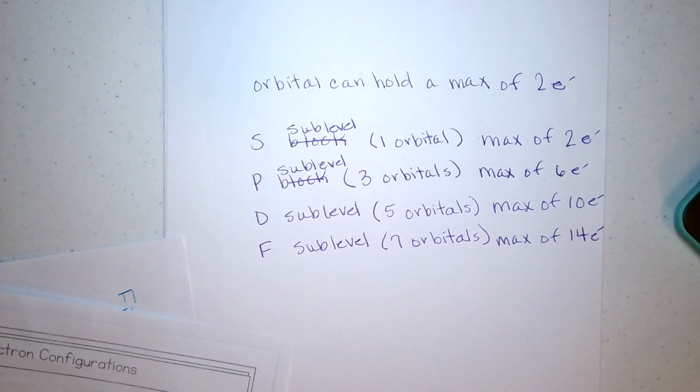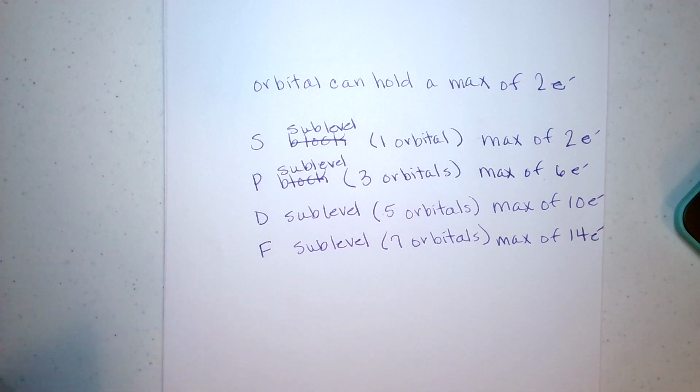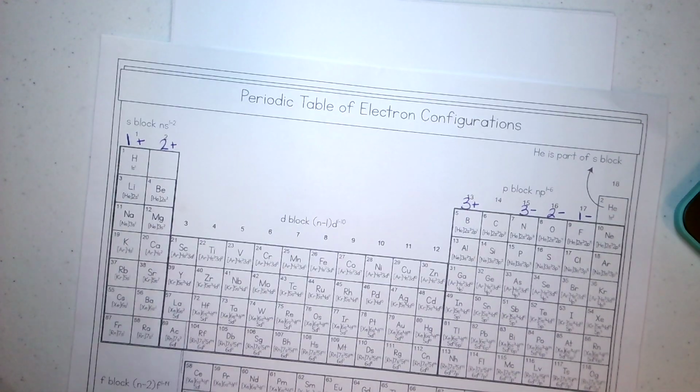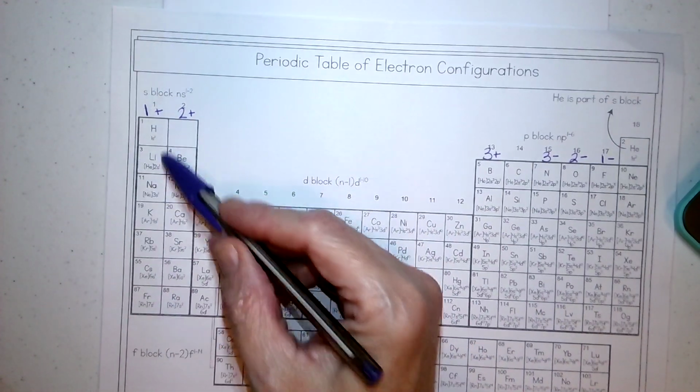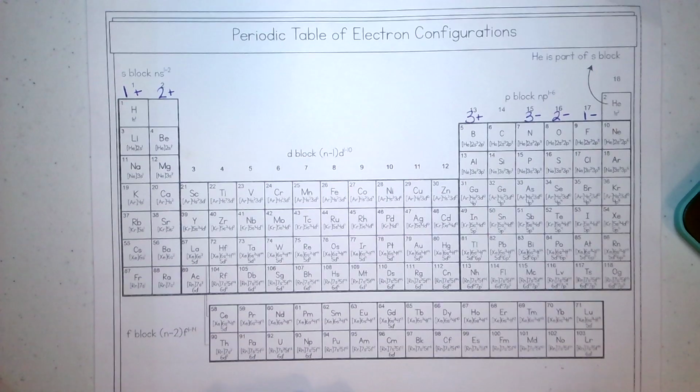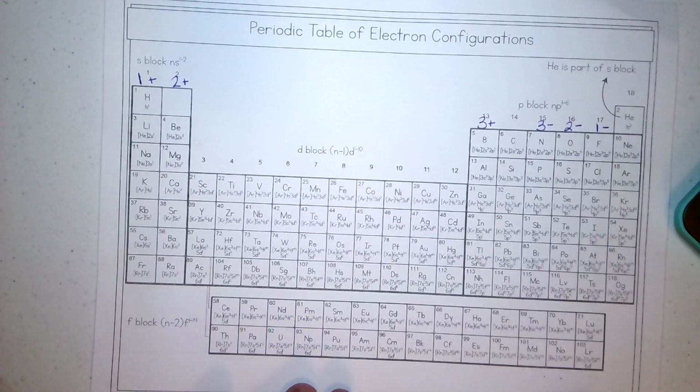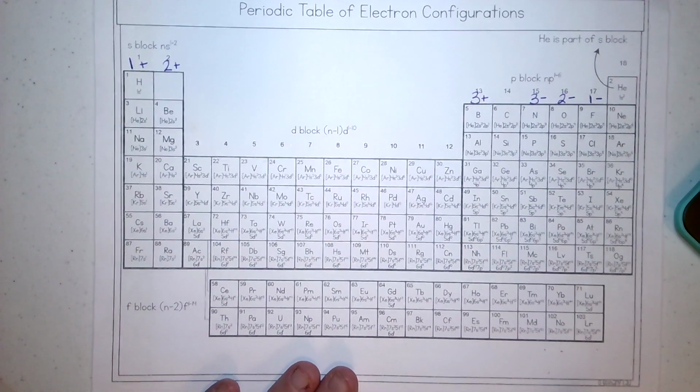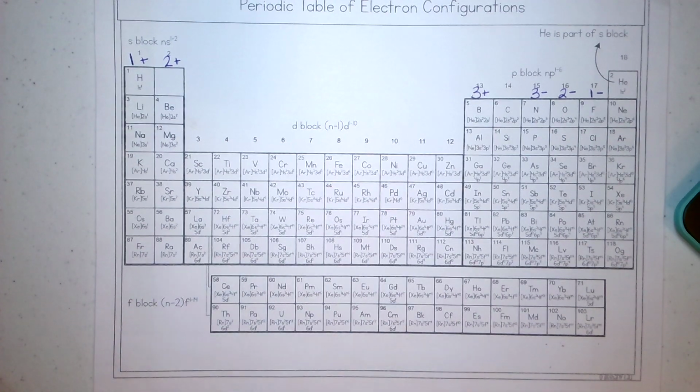Now we're going to move on to the charges that an atom has when it becomes an ion. Okay, so remember I said that this first group has one valence electron, right? Well, let me tell you a story.